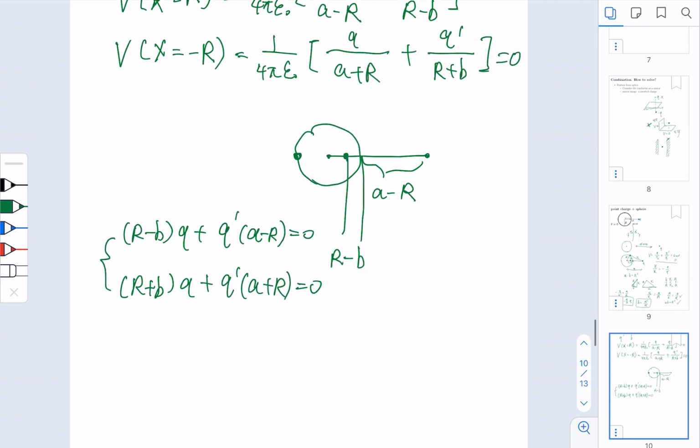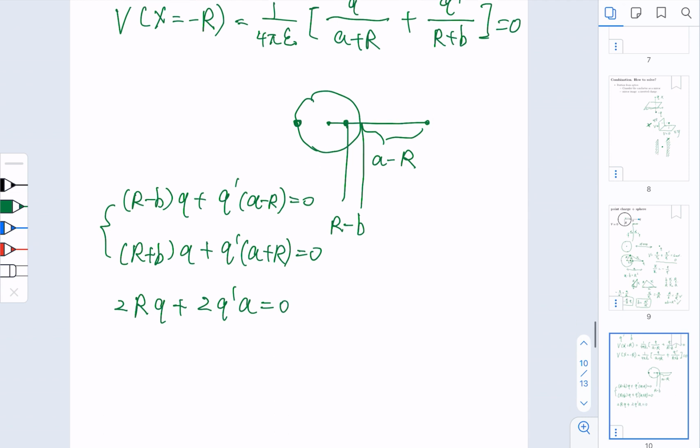Now if we add these two equations together, it gives us twice of RQ plus twice of Q prime A should be equal to 0. And if we subtract the second equation from the first equation, then it gives twice of BQ plus twice of RQ prime equal to 0.